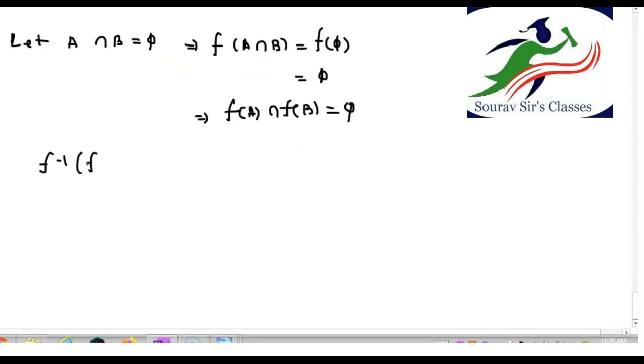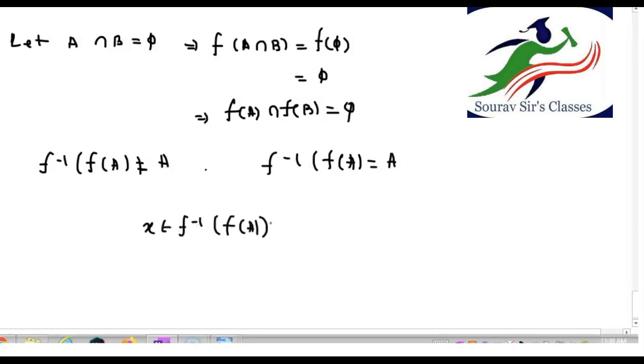Option A says f inverse of f of A is not equal to A. If I want to prove f inverse of f of A is equal to A, first I need to show that this set is a subset of that set, and that set is a subset of this set. So first of all, let me take a point from this set. x belongs to f inverse of f of A. Then I can say that f(x) belongs to f(A).